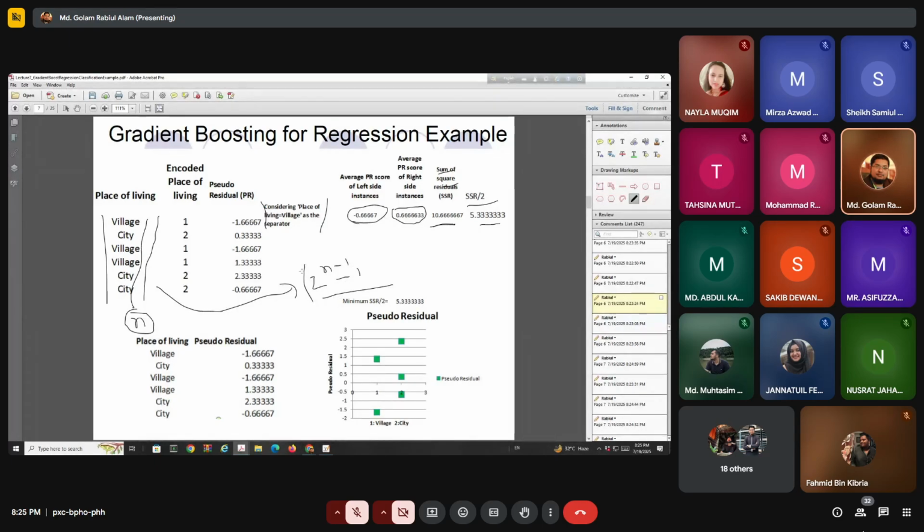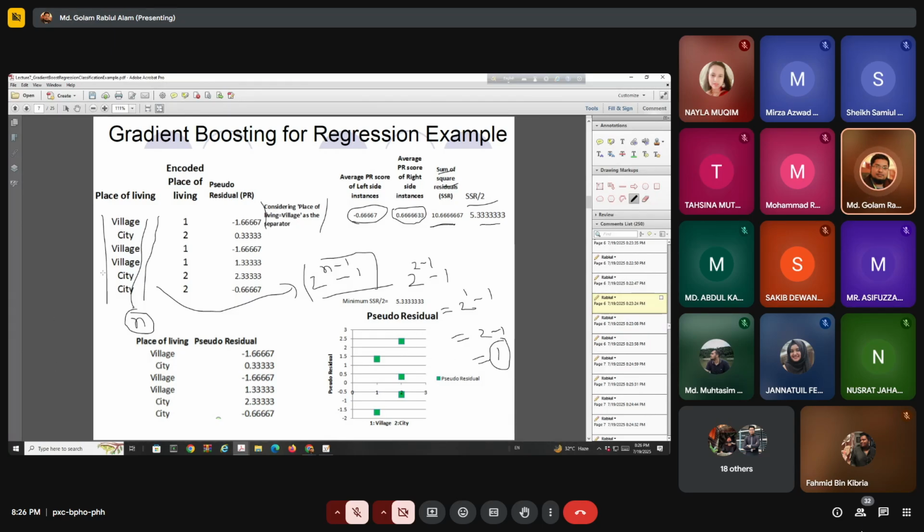Like here, if we consider 2, then it is 2 to the power 2 minus 1, minus 1. That is 2 minus 1, which is just 1. So that means we have two types, village and city. That's why we have to consider just one splitter.